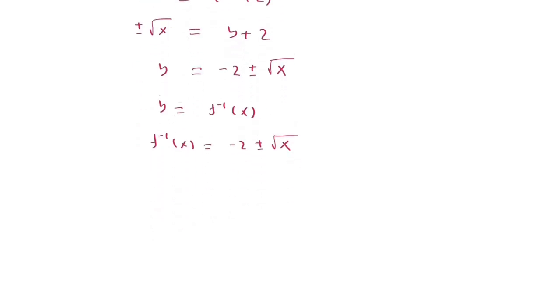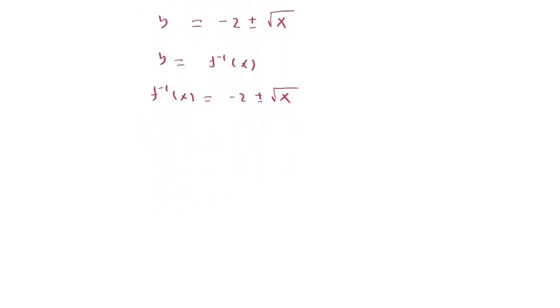Okay, so we know that domain are values of x that make y to be defined, and range are values of y that make x to be defined in a function. In our function y equals -2 plus or minus root x.